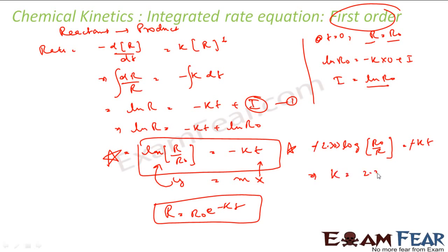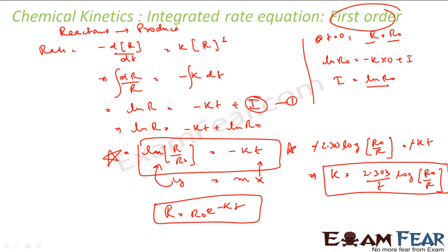Or k becomes 2.303 by t log of R naught by R. This is something which we'll use very frequently. But for the graph, we'll use this equation. It is the same, but instead of ln I made it log, and I just removed the minus sign by switching this R by R naught to R naught by R.